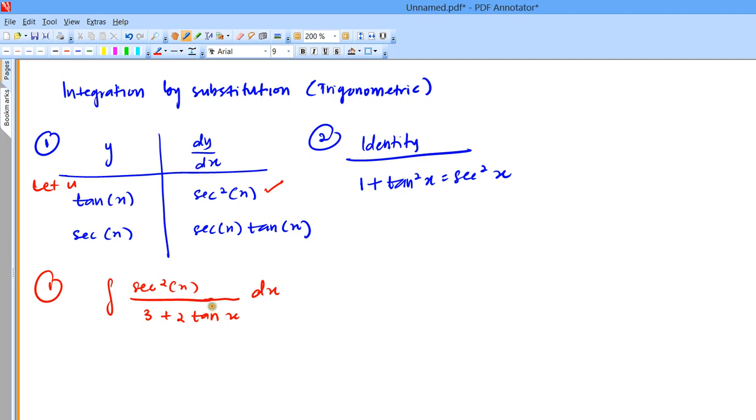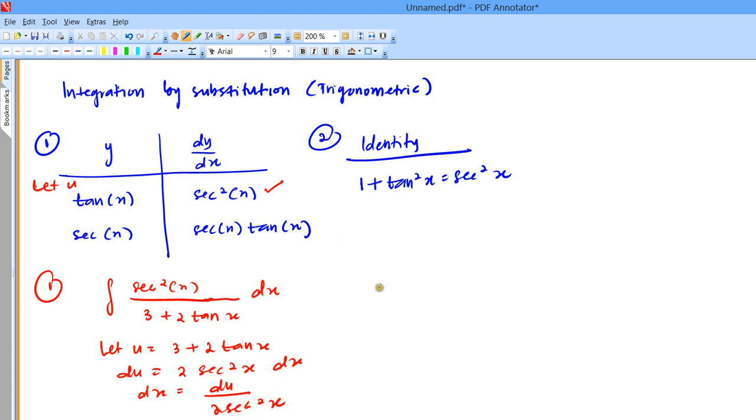So we can let u be the function at the denominator. Just let u equal to 3 plus 2 tangent x, and then differentiate both sides. The left hand side gives du, and the right hand side gives 2 secant square x dx, or dx equal to du over 2 secant square x.